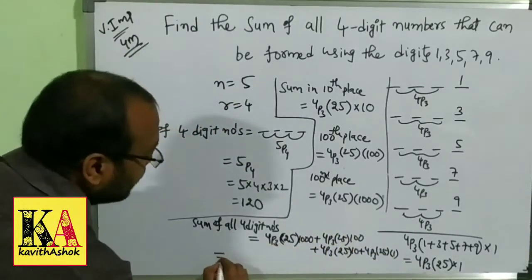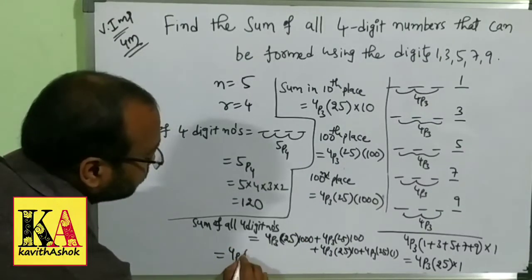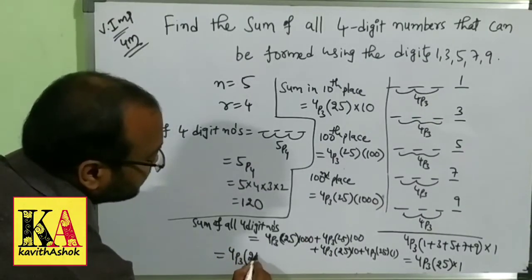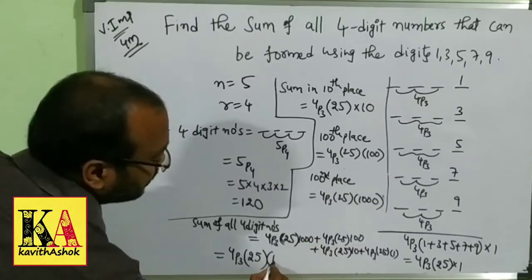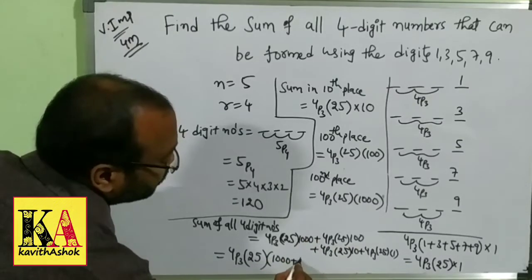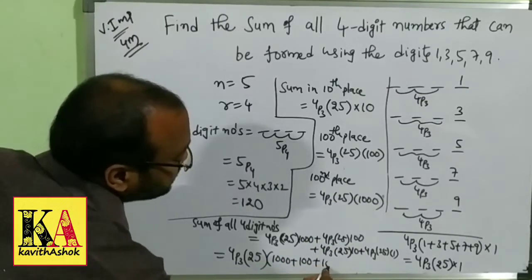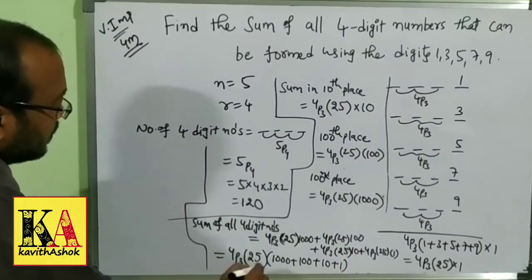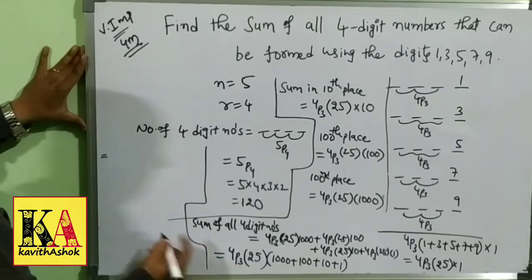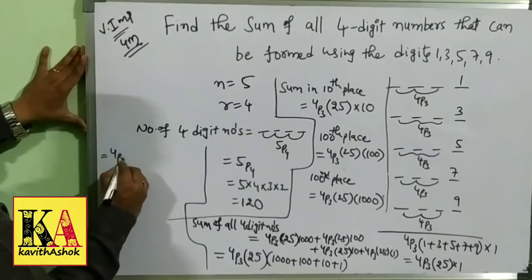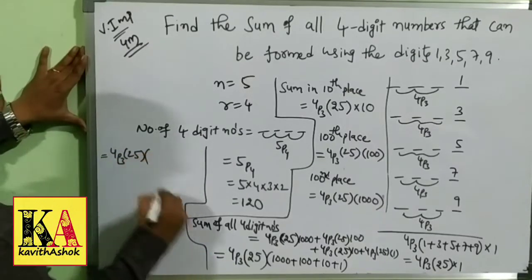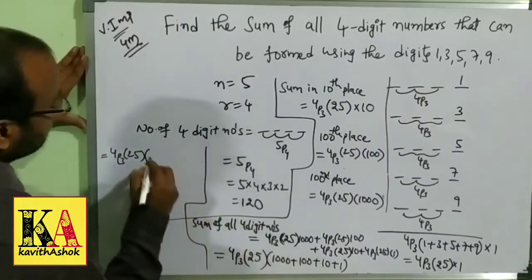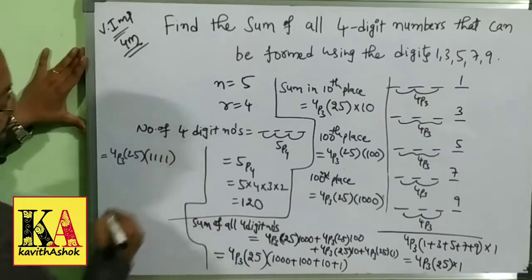So finally 4p3 is common and 25 is also common in all the cases. 1000 plus 100 plus 10 plus 1. So finally what we can get here: 4p3 into 25 into 1000, 100, 10, 1, in the sense 1, 1, 1, 1.